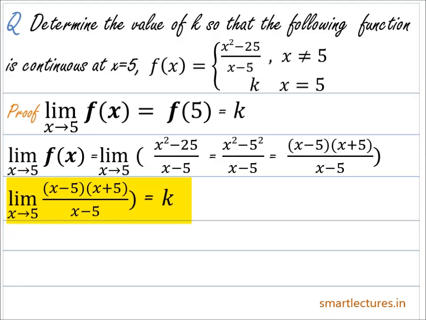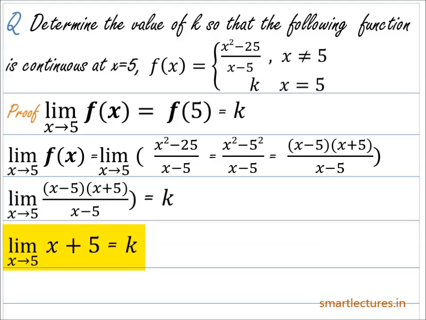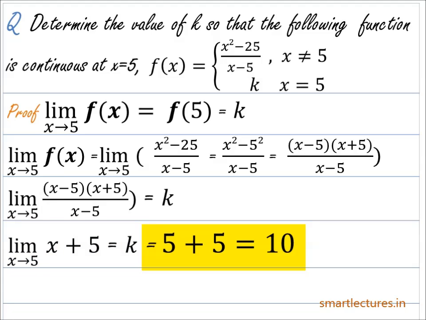Finally, this expression becomes limit x approaches 5, x minus 5 into x plus 5 upon x minus 5 is equal to k. Now cancelling out x minus 5 from both numerator and denominator, we have limit x approaches 5, x plus 5 is equal to k, or we can write it as k is equal to 5 plus 5, or k is equal to 10.